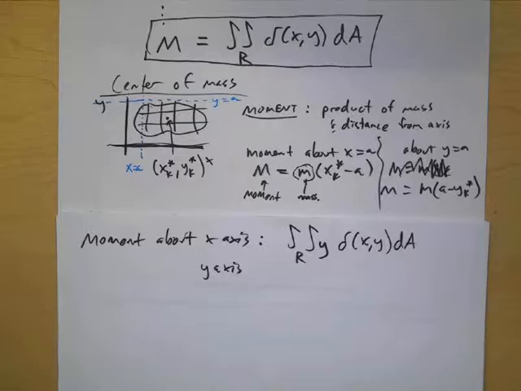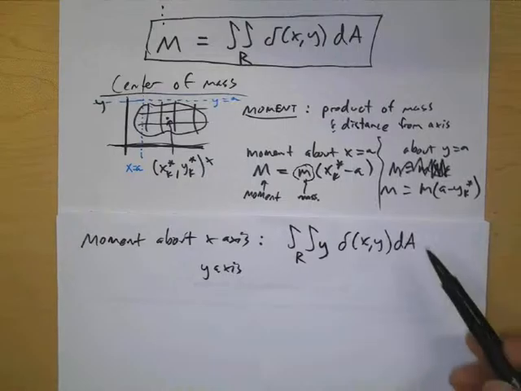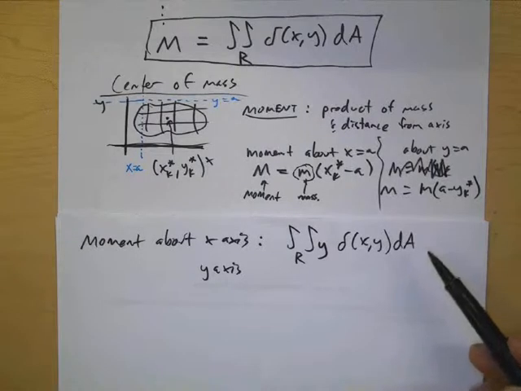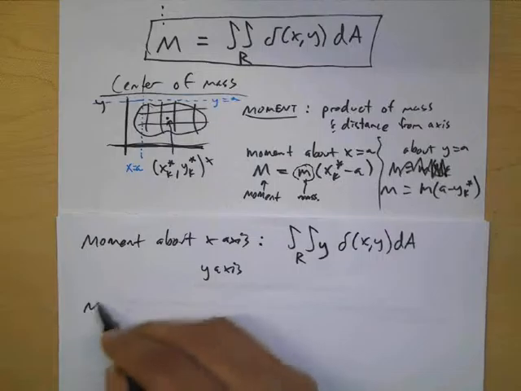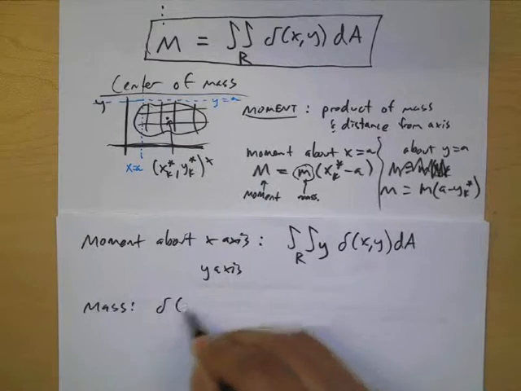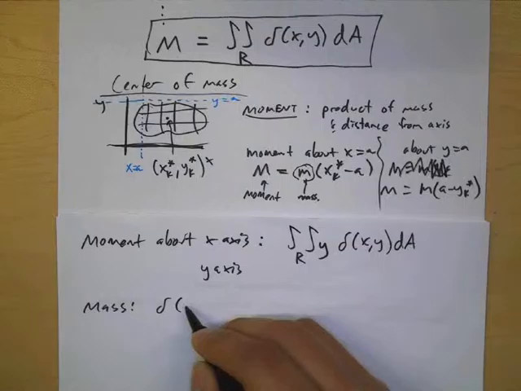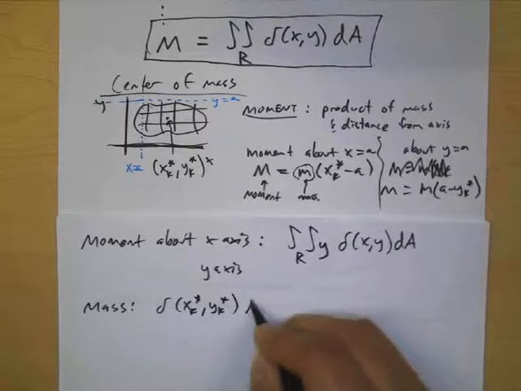Why do you put that inside the integral? Well, because I think you're doing mass times this. Okay, so if you want to see it, mass was approximately the density function evaluated at the point, times delta A sub k.